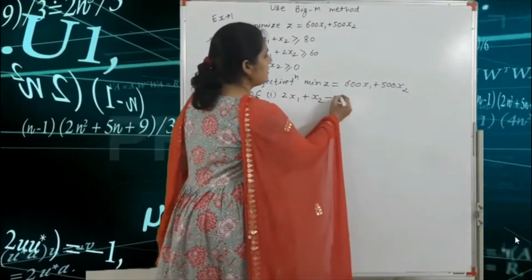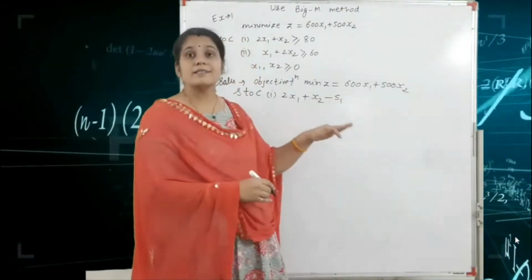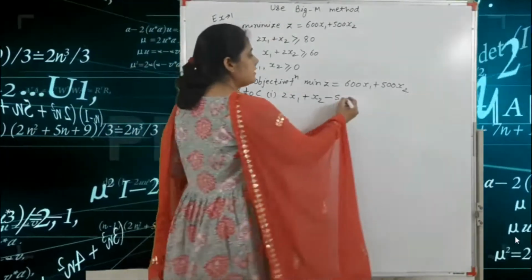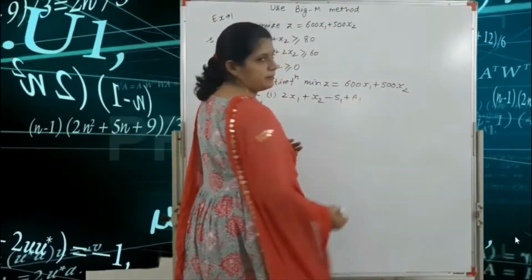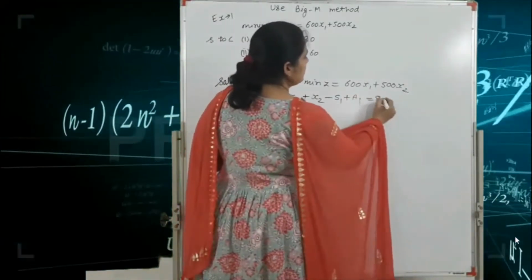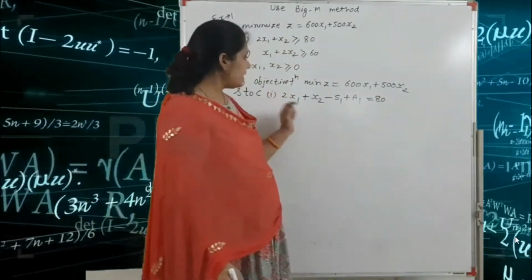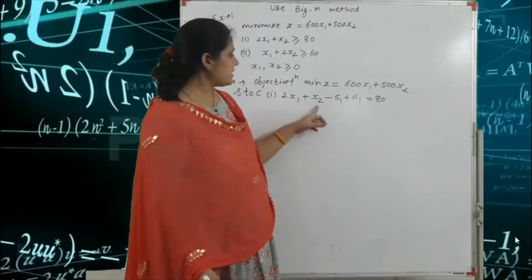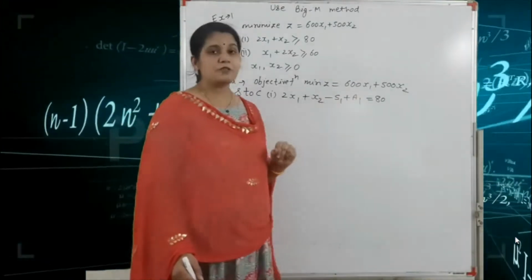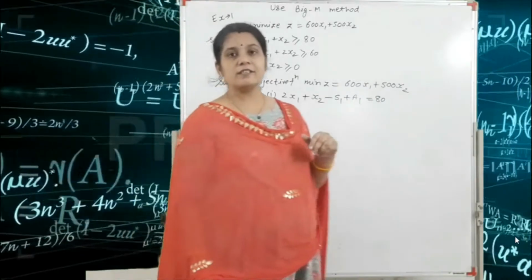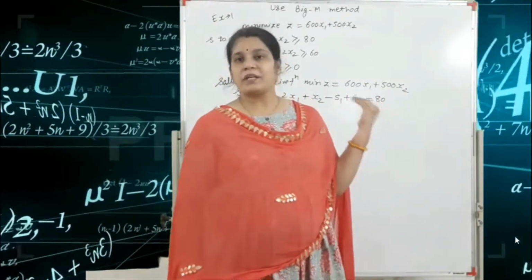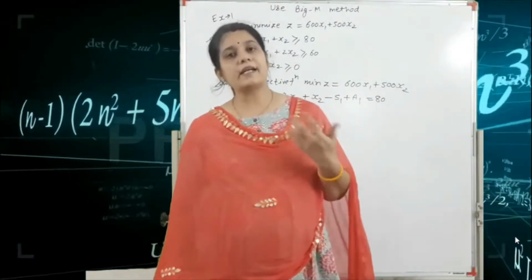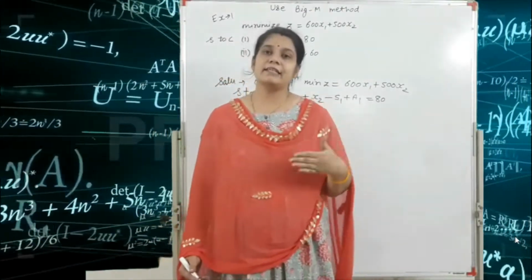So first we write minus s1. This is your surplus variable. If we use the surplus variable, then you must write the artificial variable a1 here, equal to 80. The reason is that if we don't write the artificial variable and put x1 and x2 as 0, then s1 is equal to minus 80, and this is not allowed in our linear programming problem because all the decision variables, surplus variables and artificial variables are always greater than or equal to 0.